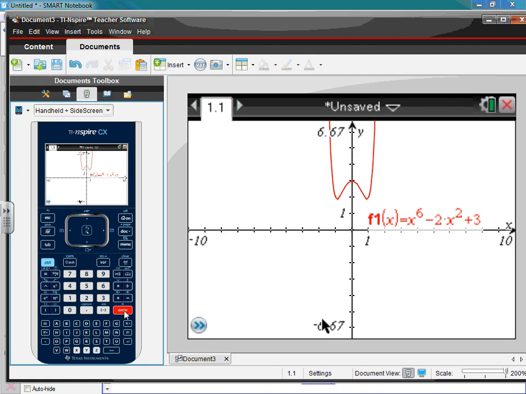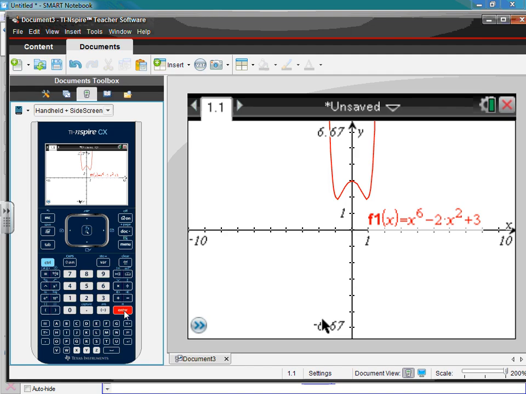An odd function says I can fold it over the y and then over the x. Would this be an odd function? Can I fold that vertically and horizontally and lay directly on top of each other? No. So what are you concluding looking at this graphically? It's an even function if you look at it graphically.